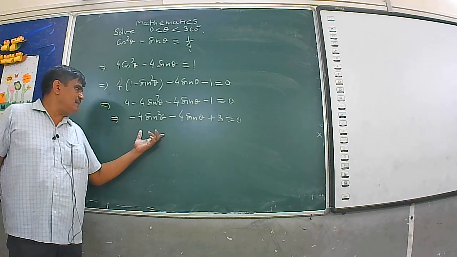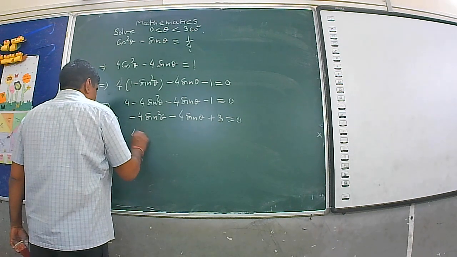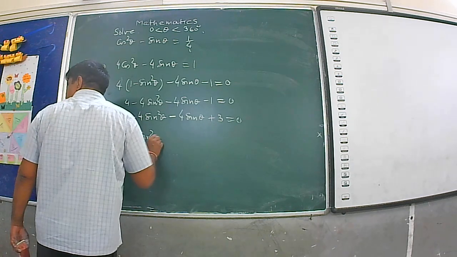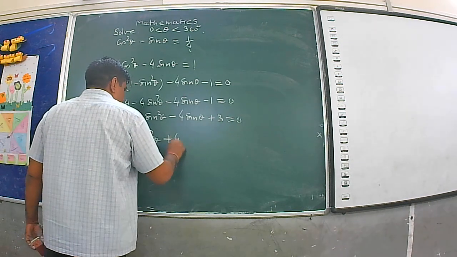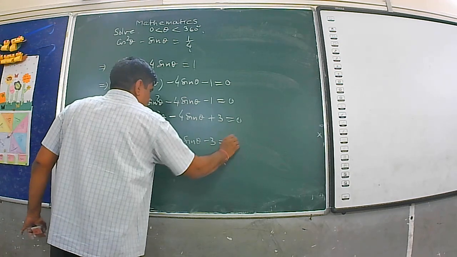Multiply by minus: 4 sin square theta plus 4 sin theta minus 3 equal to 0.